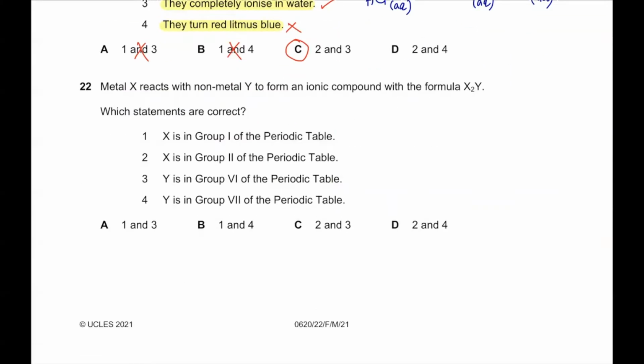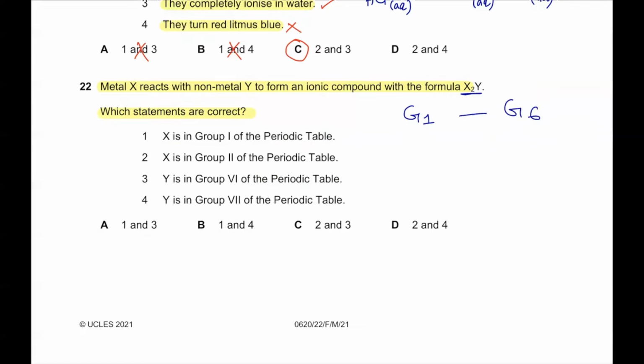Question number 22. Metal X reacts with non-metal Y to form an ionic compound with the formula X2Y. The question says which statements are correct. Now, in order to form an ionic formula of X2Y, let's imagine that we have a metal of group 1 and a non-metal of group 6.